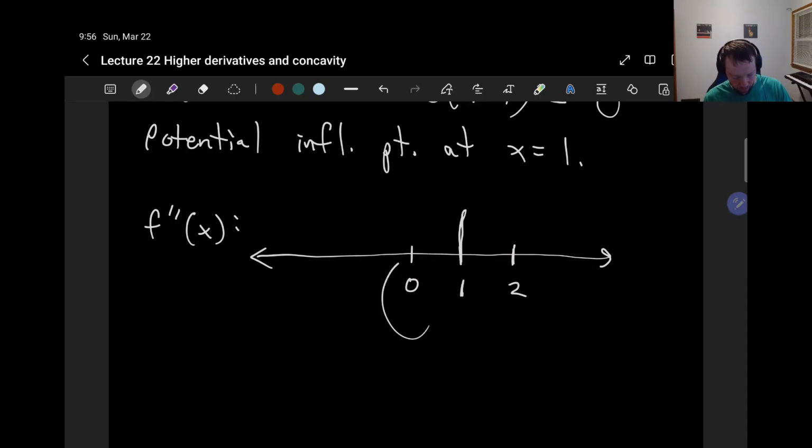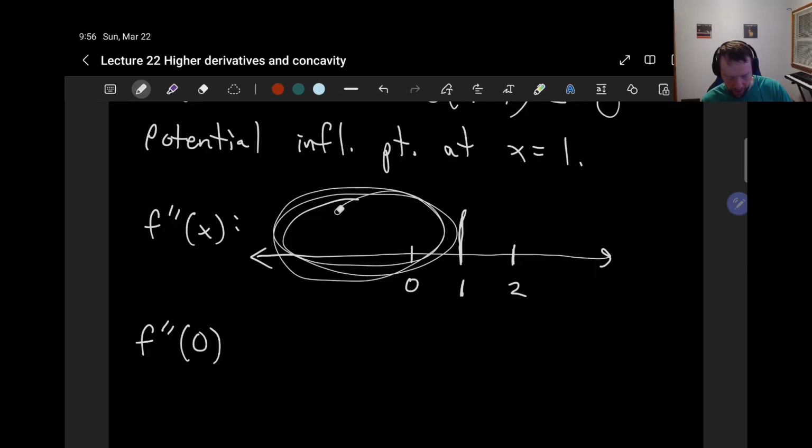All you need to do is test 1 point, because you will experience uniform behavior on each side of this 1. So let's plug in 0 into the second derivative. That will determine if we're concave up or concave down over here.